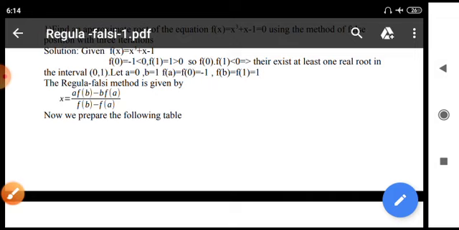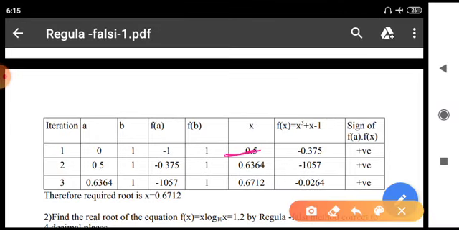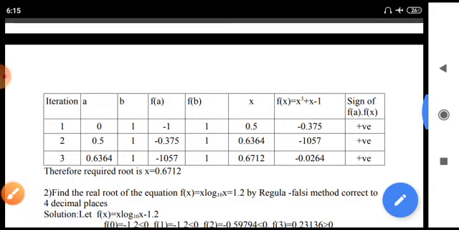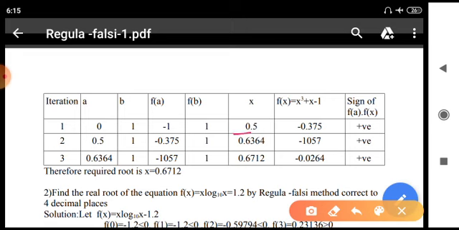If we substitute, what we get is 0.5. Now we calculate the corresponding f of x value, that is f of 0.5, which is 0.5 cube plus 0.5 minus 1. So f of 0.5 comes out to be minus 0.375.